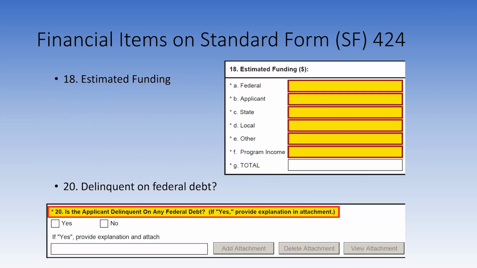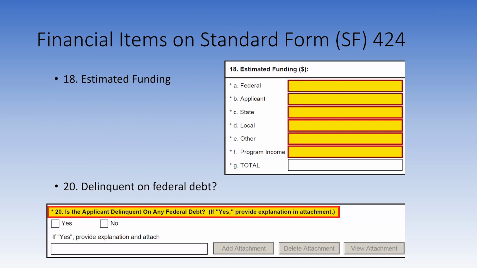So going in order of the financial items that appear on the checklist in that standard form SF 424, there are two initial financial items. There's an estimated funding box, box 18, where you provide estimated funding.